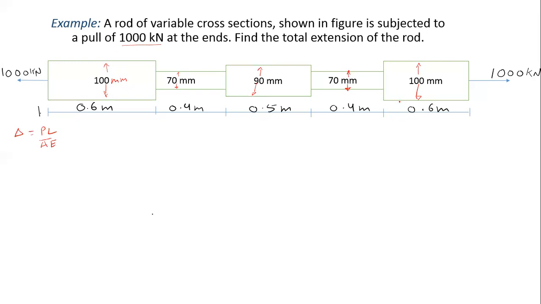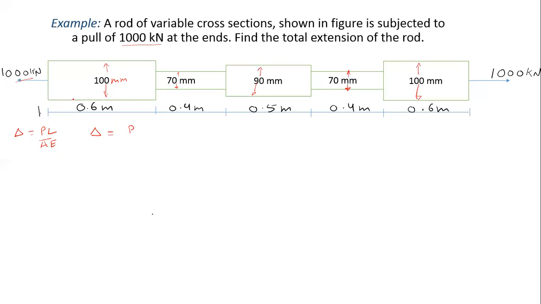Now in such cases we calculate delta by summing over the sections. As we can see, this applied pull is constant throughout. In between, no additional force is applied on the sections.